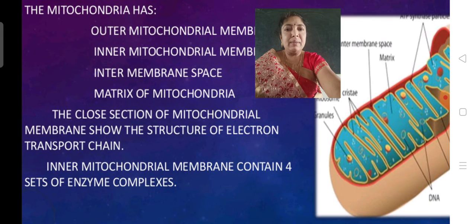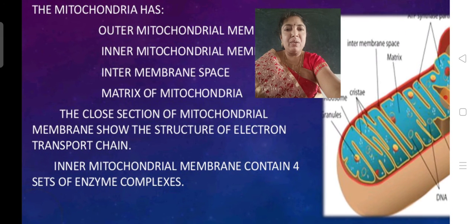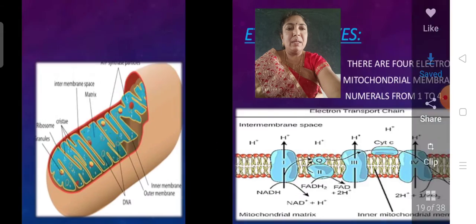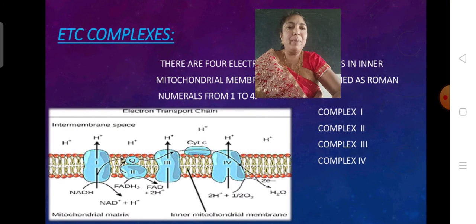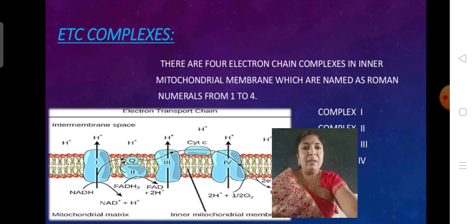The cross section of the mitochondrial membrane shows the structure of the electron transport system. It consists of 4 enzyme complexes: complex 1, complex 2, complex 3 and complex 4. There are 4 electron chain complexes in the inner mitochondrial membrane.